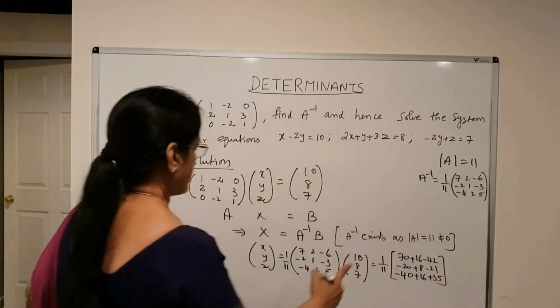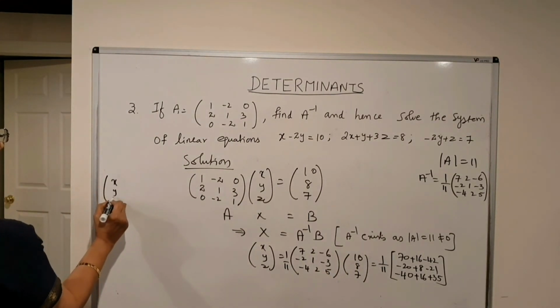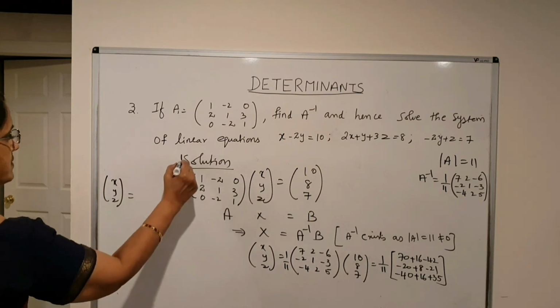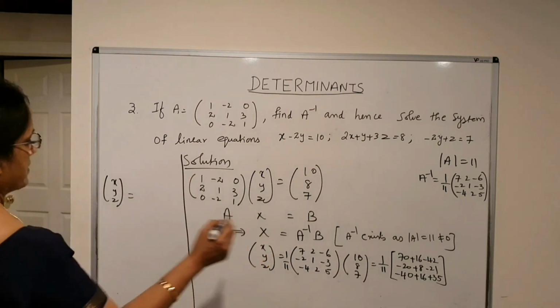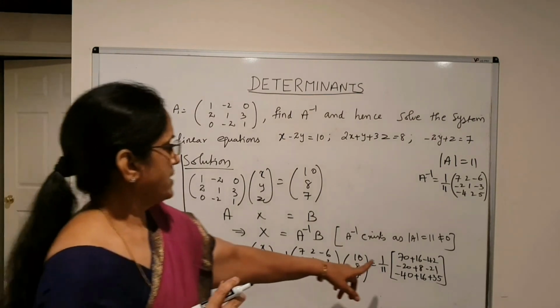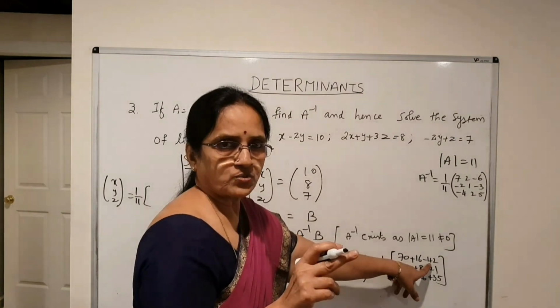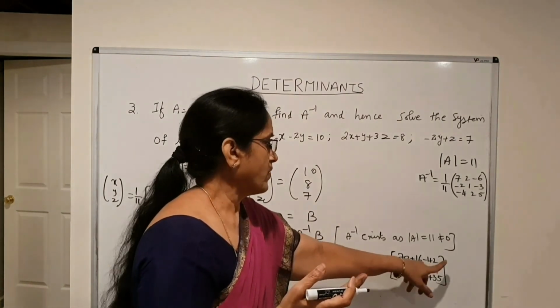Now I need to simplify this. x, y, z is going to be 1 by 11 of: 86 minus 42, which is 44.